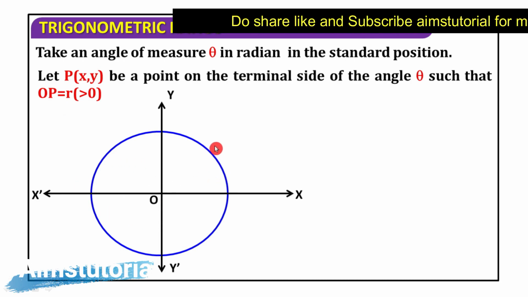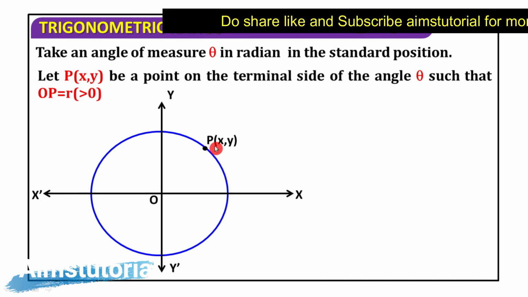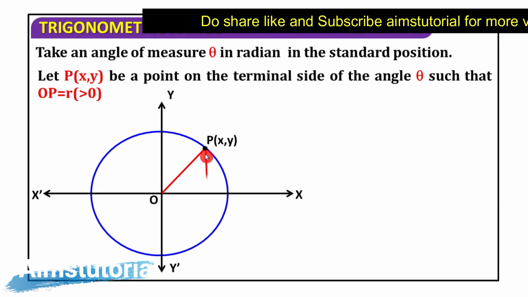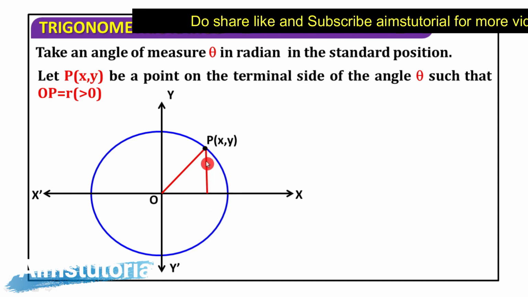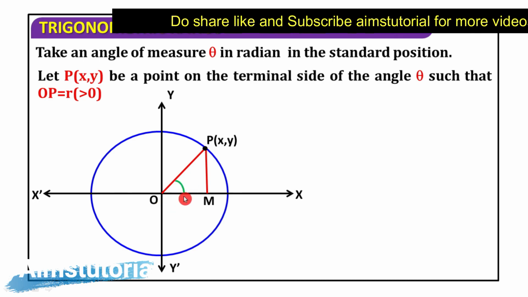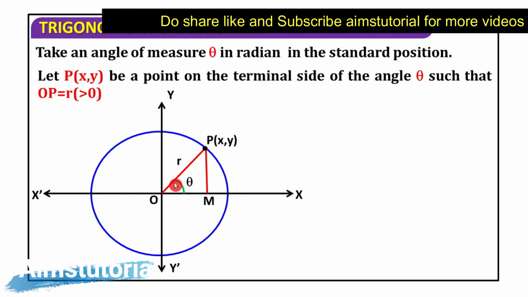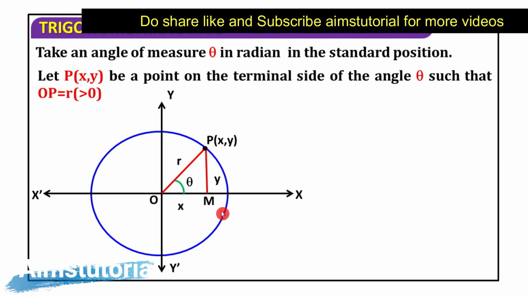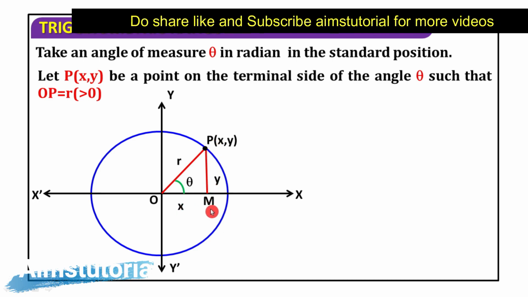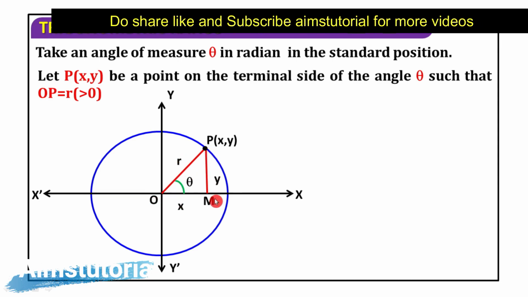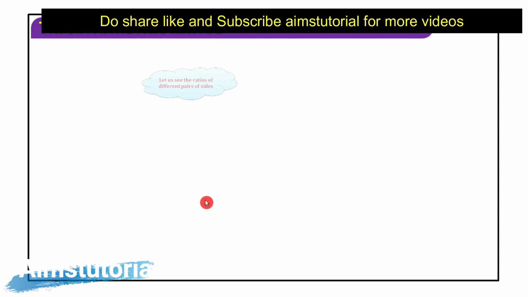Let P be any point on the circle (x, y). If you join OP, that is our radius R, join P and M on the x-axis. So this is our theta. OP equals R, PM equals Y and OM equals X.